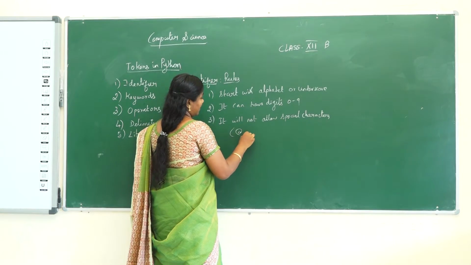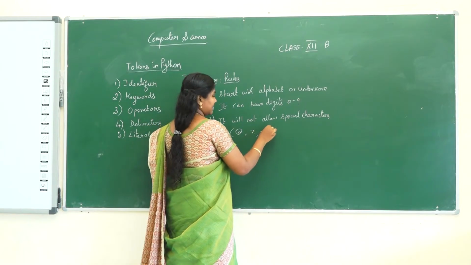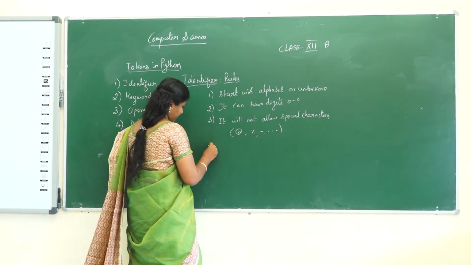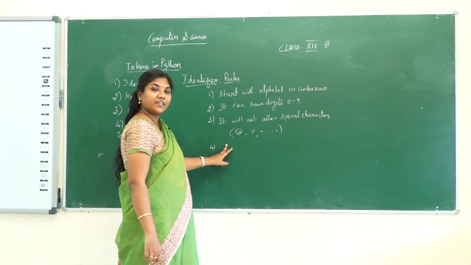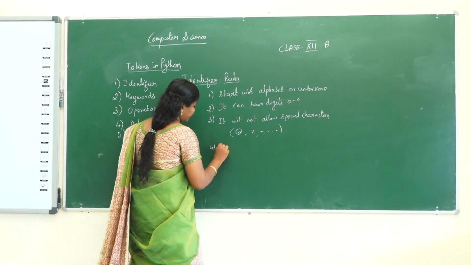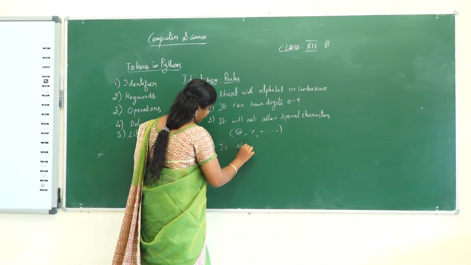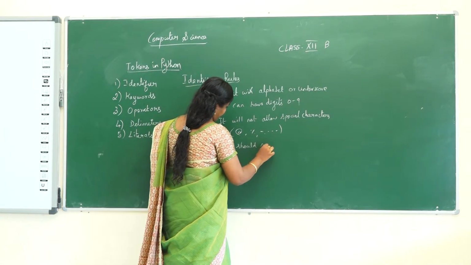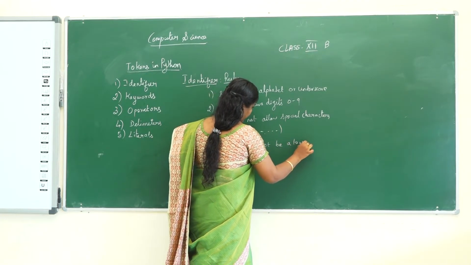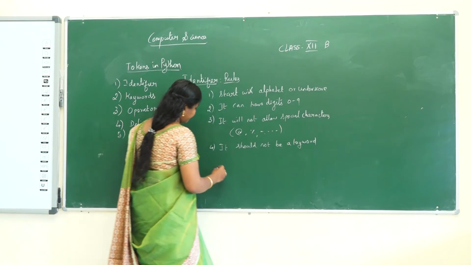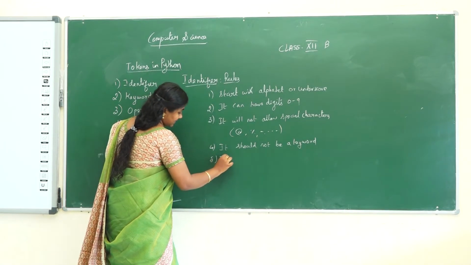At symbol, percentage, hyphen, etc. And the fourth one, it should not be a keyword. And the fifth one, it is case sensitive.